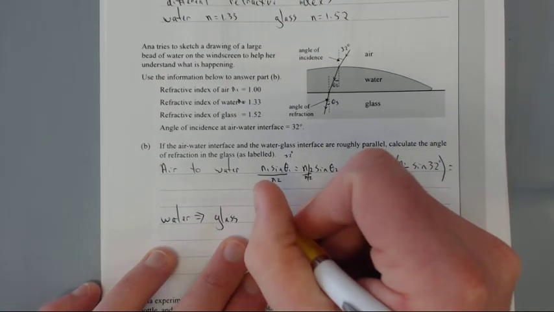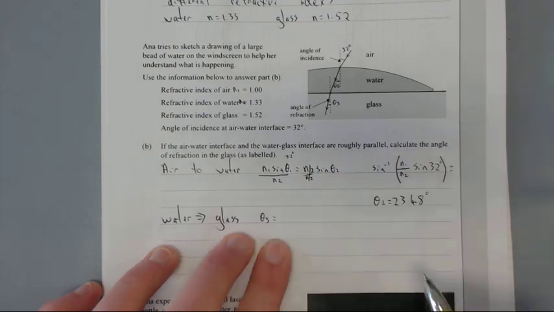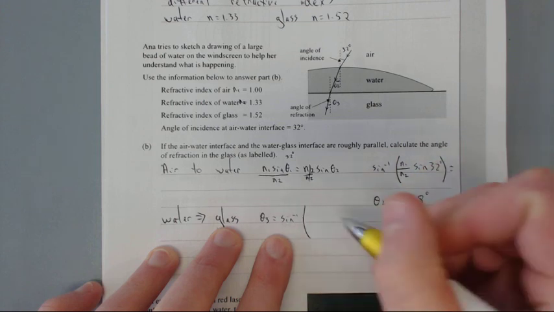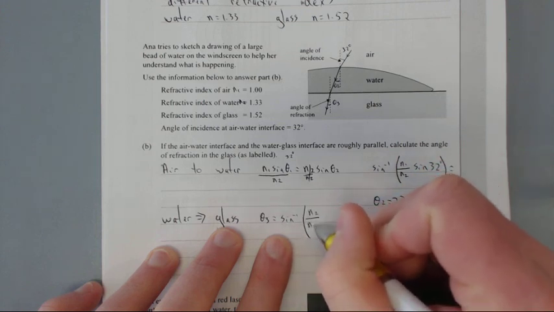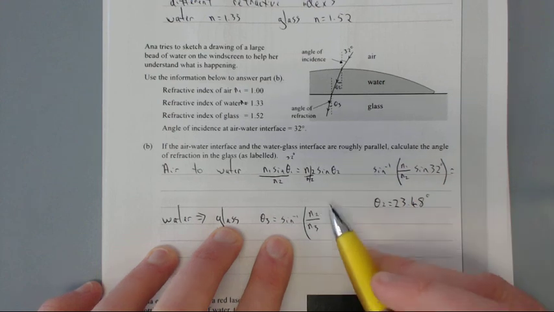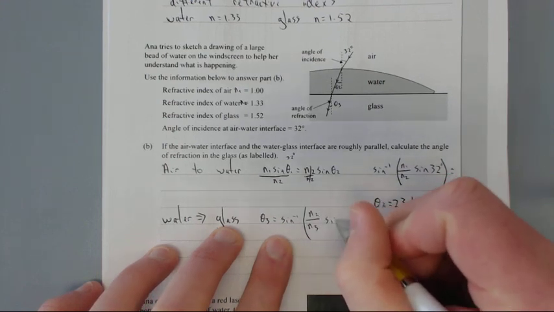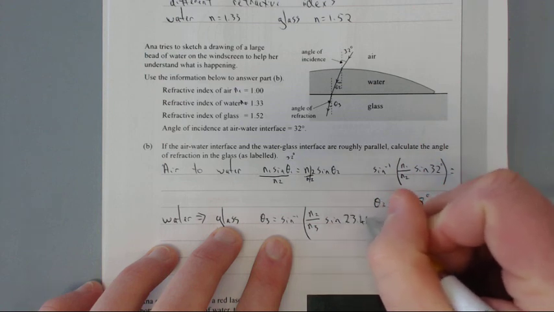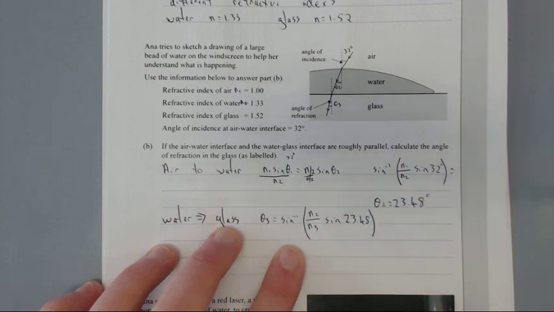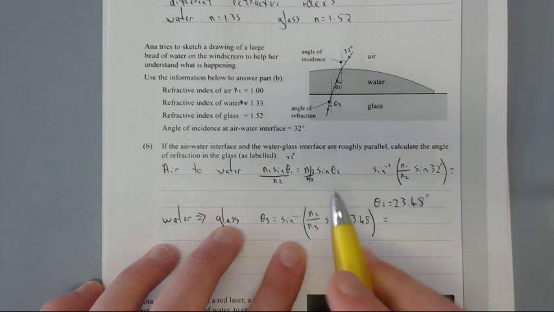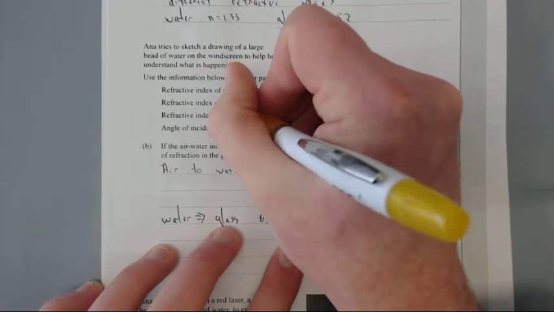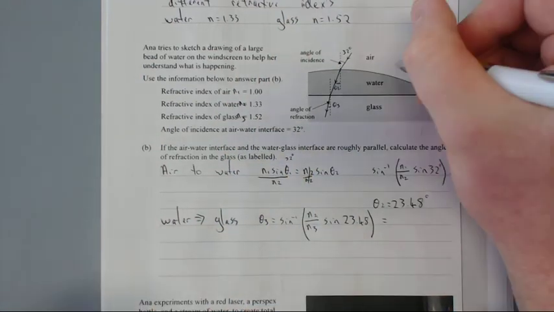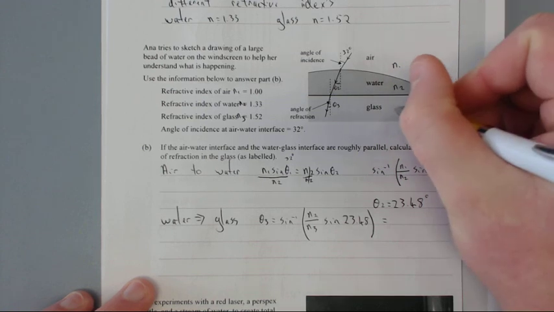Theta 3 is equal to sine inverse of n2 over n3 times sine of this angle, 23.48 degrees. Here we've got n1, here n2, here n3.